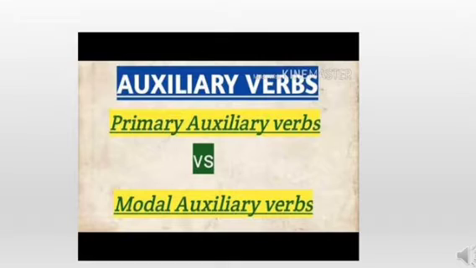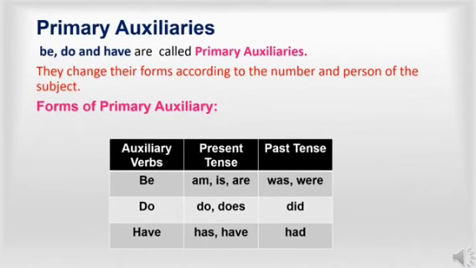Auxiliary verbs are of two types, primary auxiliary verbs and modal auxiliary verbs. Now let's see what are primary auxiliary verbs. Auxiliary verbs, as I told you, they are the helping verbs.